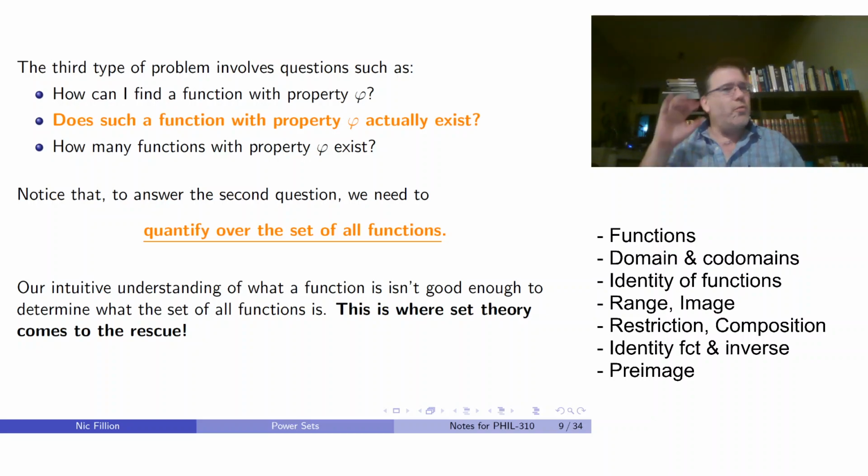So when we're asked questions of that type, our intuitive understanding of what a function is isn't good enough. We need to go beyond that intuitive understanding. And this is precisely where set theory comes to the rescue. So often people teach set theory as emanating from logic, as a sort of continuation of first order logic.